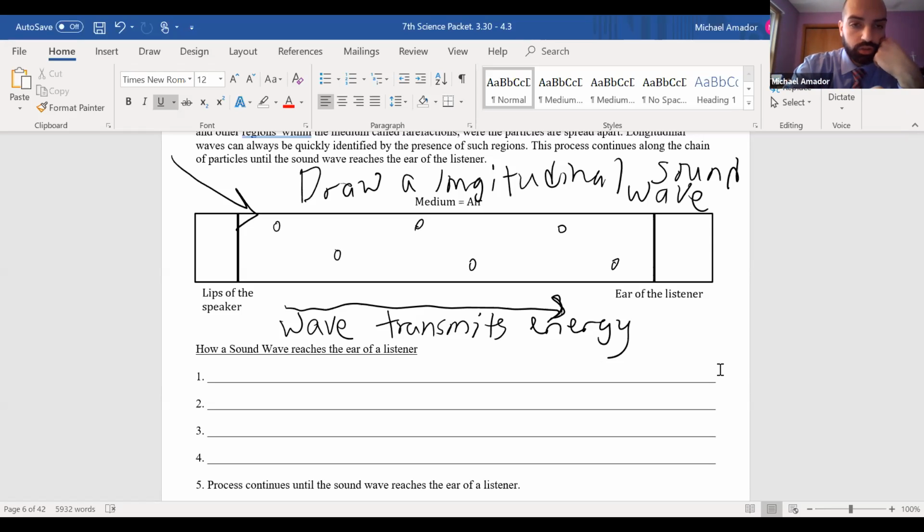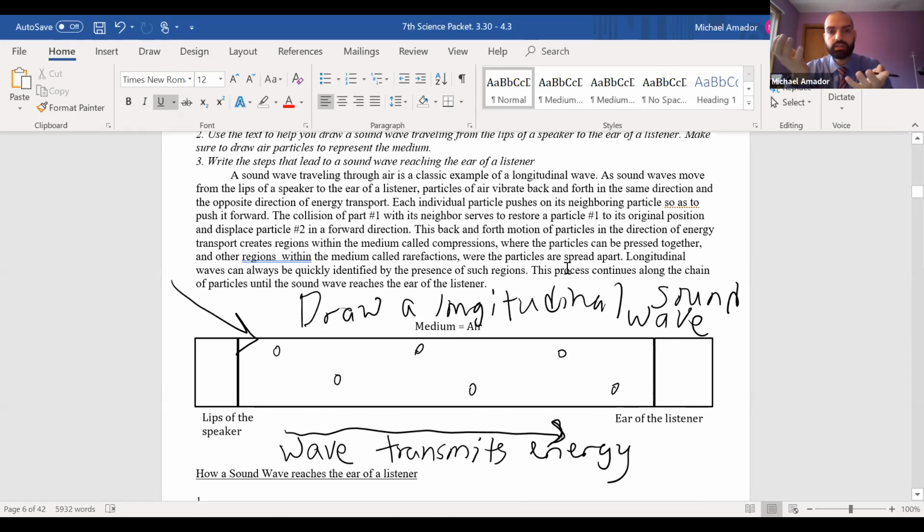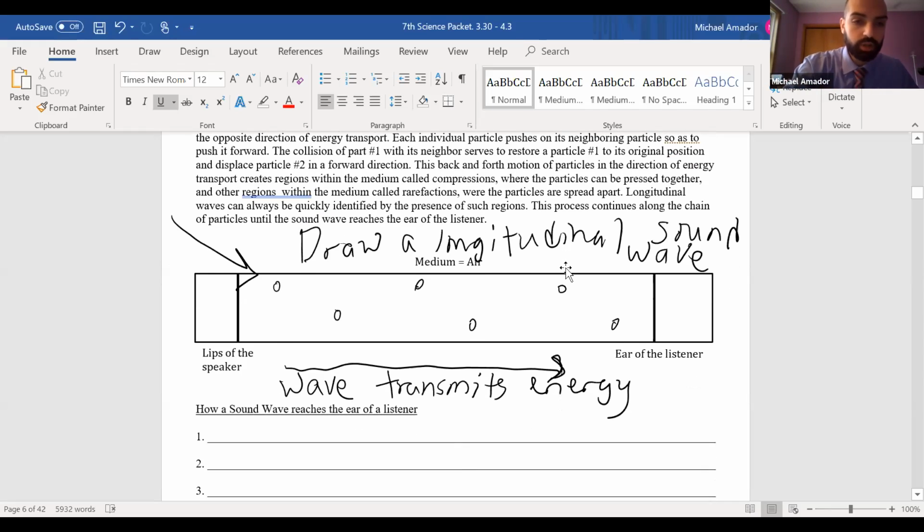And so if we have particles in the atmosphere, the key characteristics that we could visually see are those compressions and those rarefactions. So I'm gonna go ahead and draw in the compressions where the air particles would be close together.